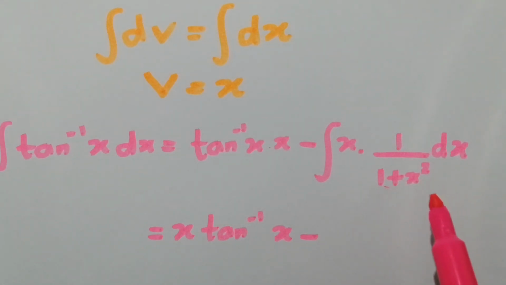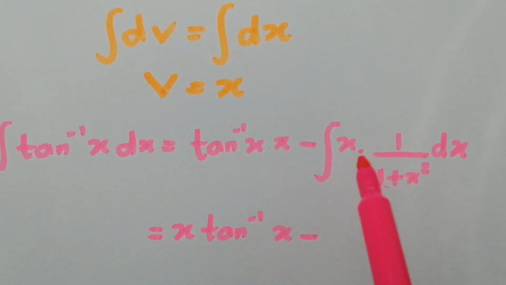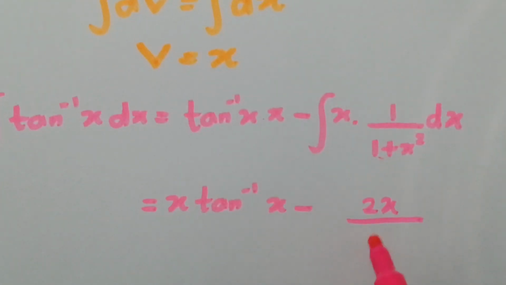Then the derivative of the denominator in here is 2x. You can make 2x in the numerator easily because already there is an x in here. Then if I write 2x in the numerator, 1 plus x squared remaining in the denominator, to remove this 2, I am going to divide it by 2. Then I can write half times. Okay.